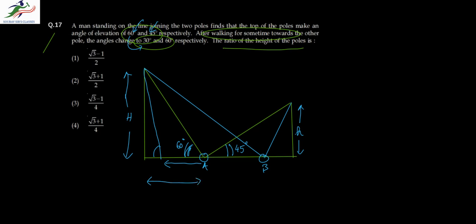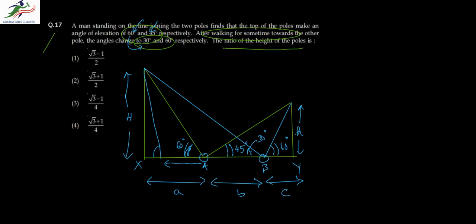Let's say the poles are at X and Y, and X to A is A, A to B is B, and B to Y is C. So this is what we've taken, and also this angle is 30 and this angle is 60.